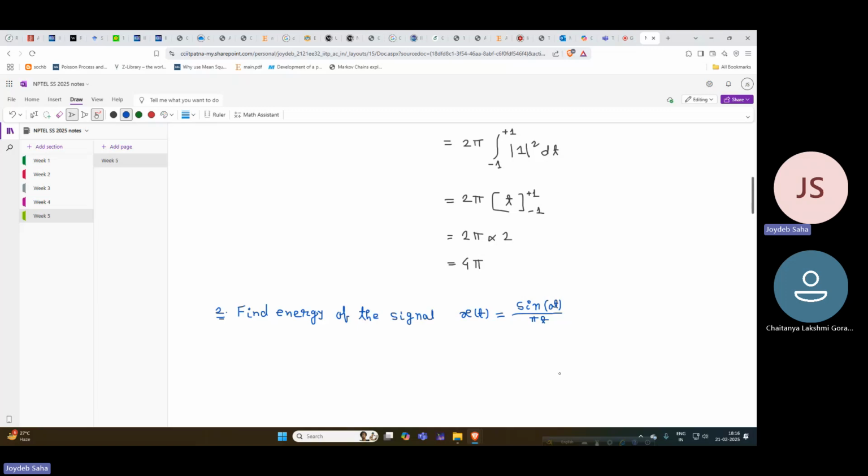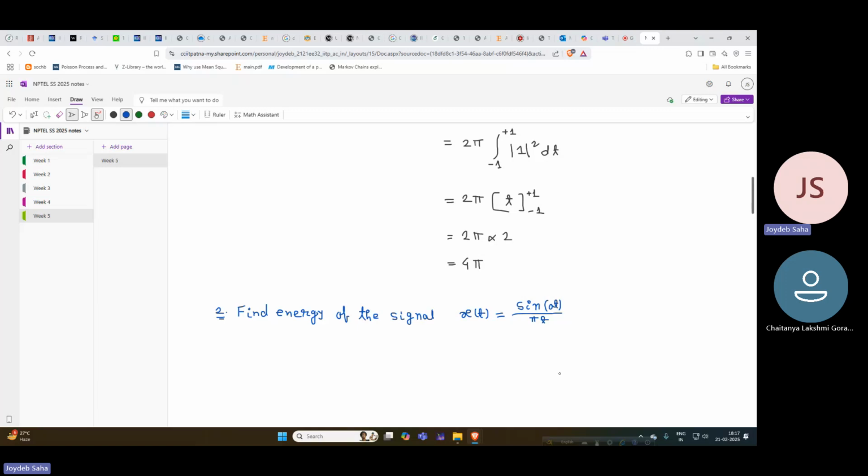So now our first task is to calculate the Fourier transform of sin(at) by pi t. Can you remember what is the Fourier transform of sin(at) divided by pi t?